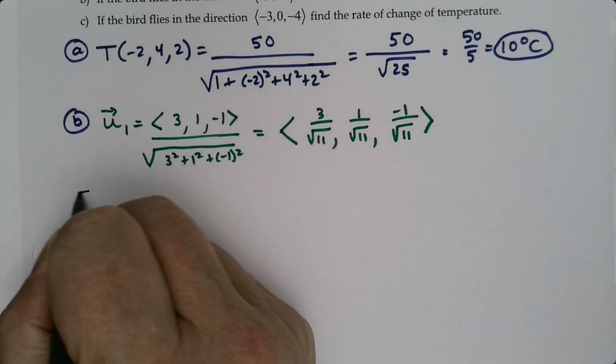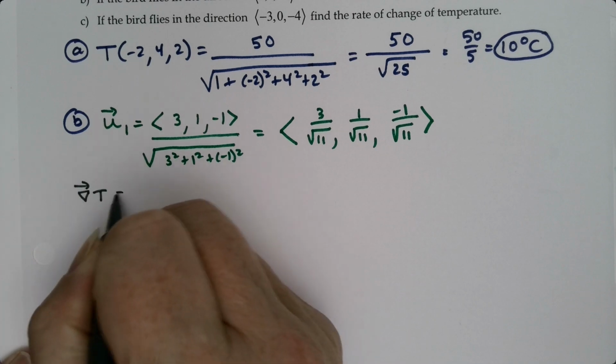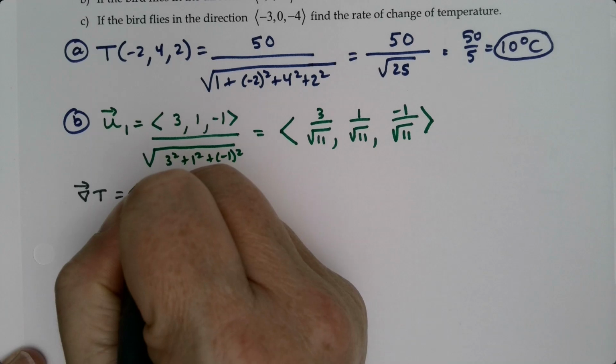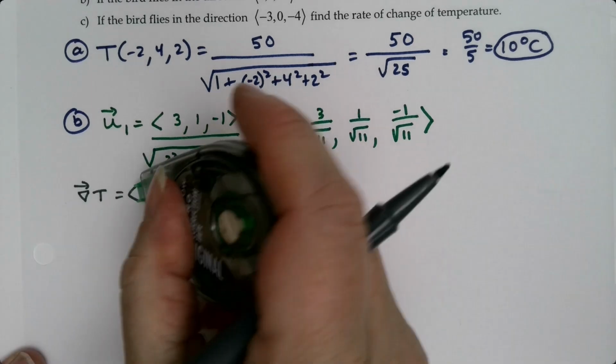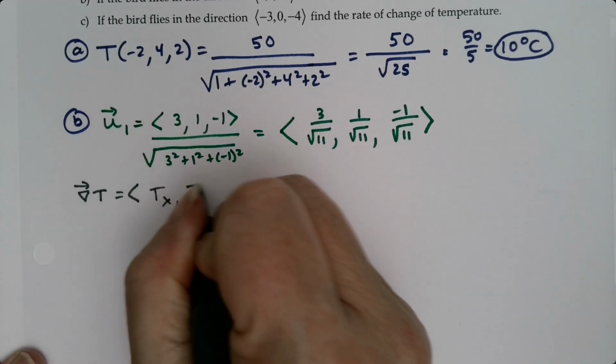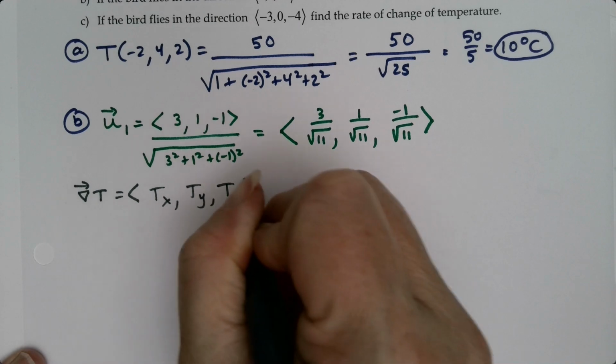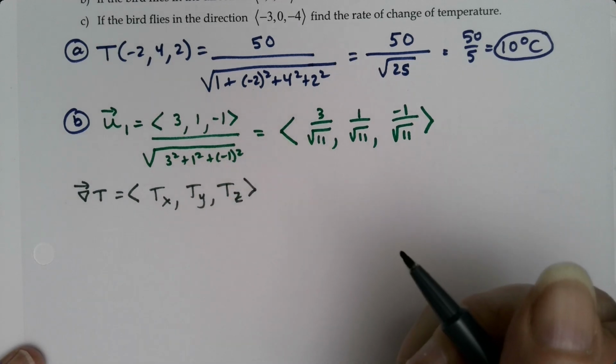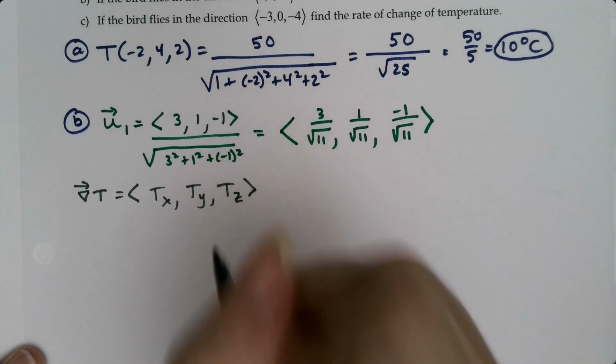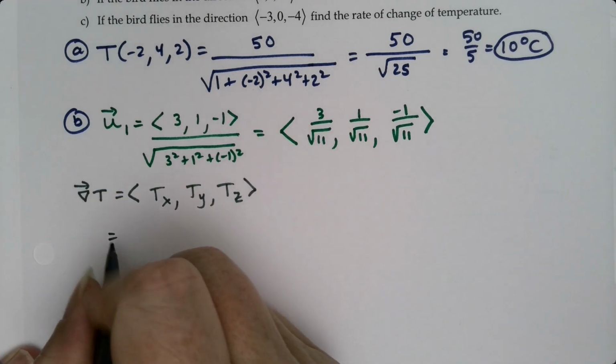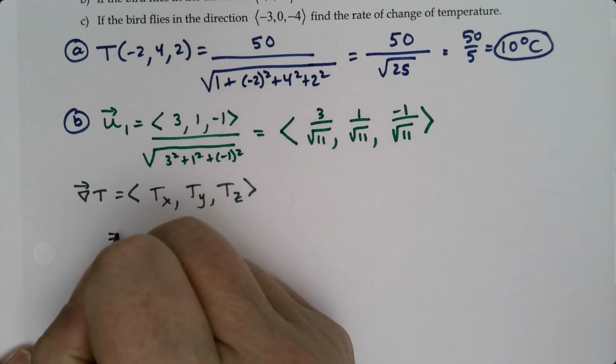So the gradient of T is equal to (T sub x, T sub y, T sub z). Oh boy. Okay, so this is going to be tricky to fit at all in here. I think I'm not going to be able to.